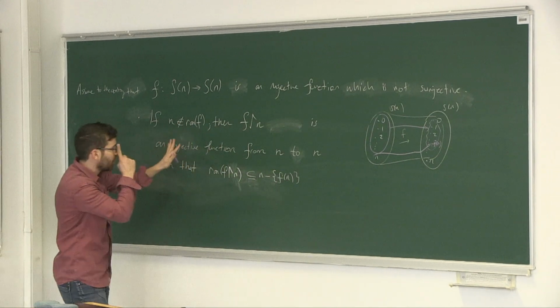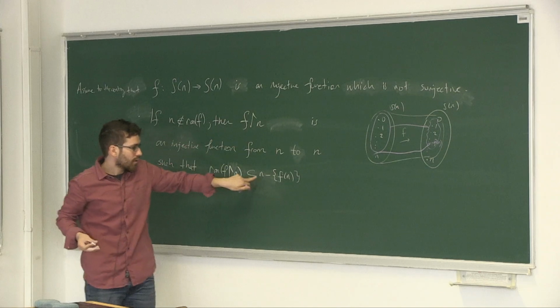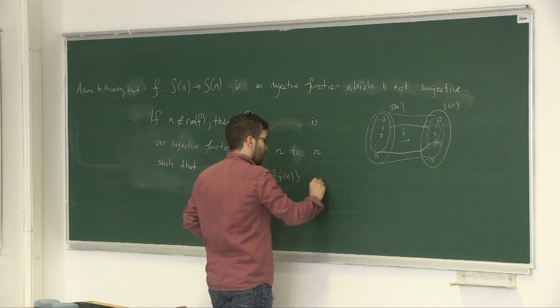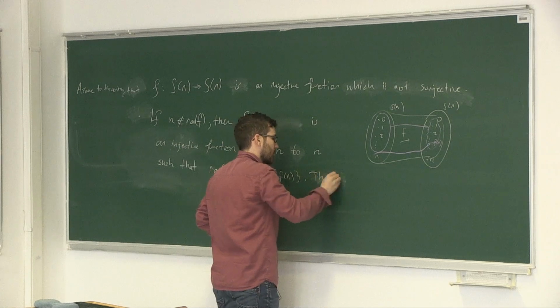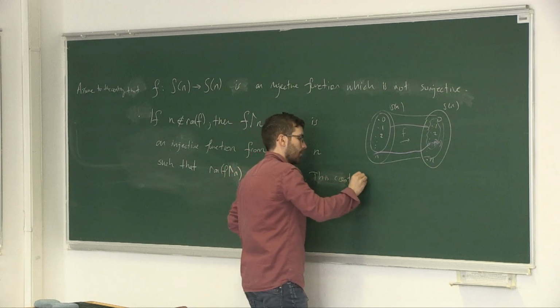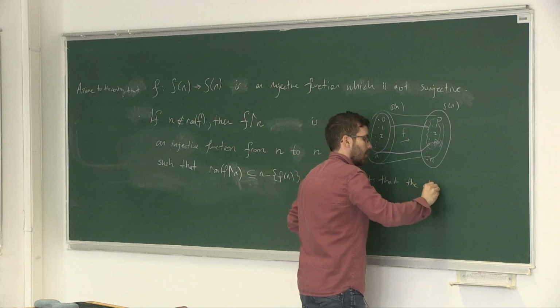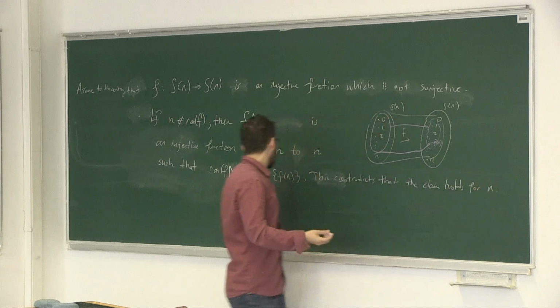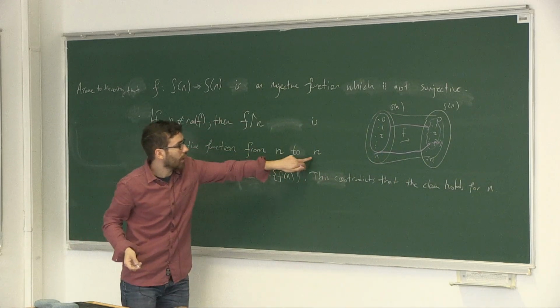In particular, I look at the restriction. The range of the restriction cannot contain f of n. This contradicts that the claim holds for n. Why? This is a function from n to n.